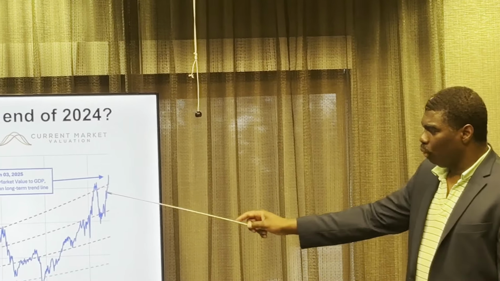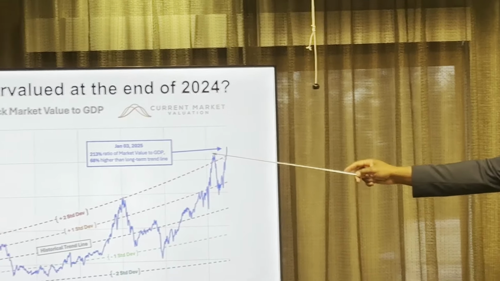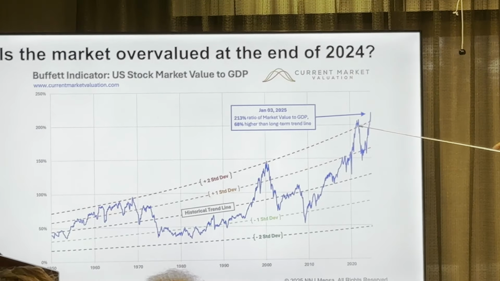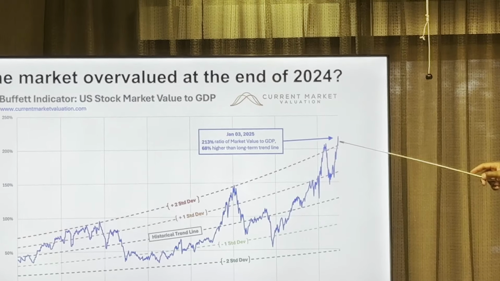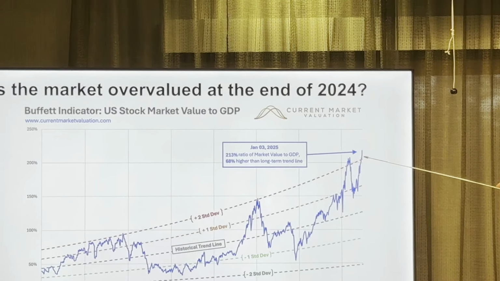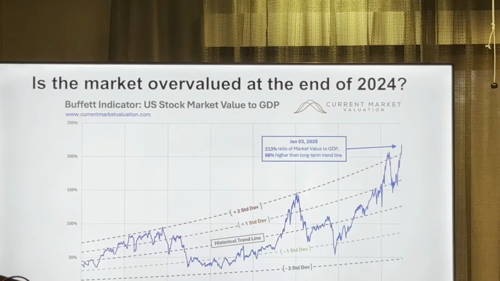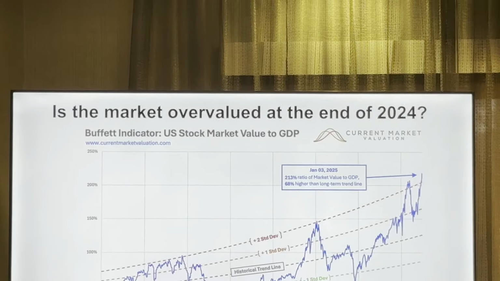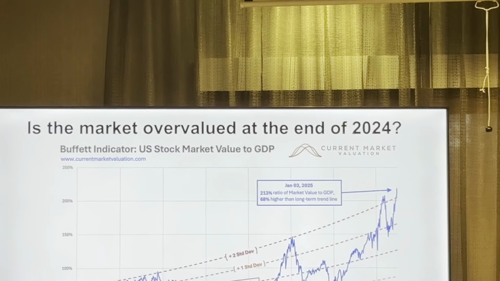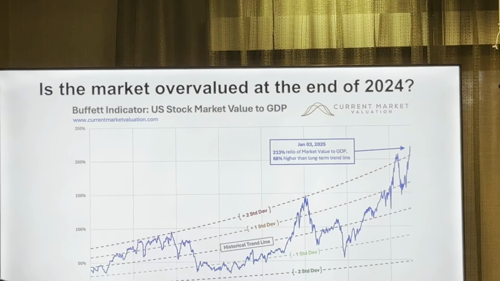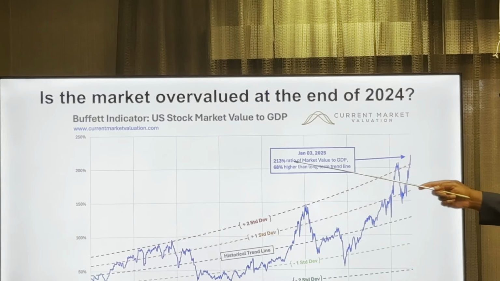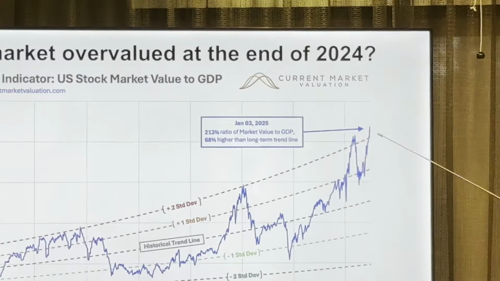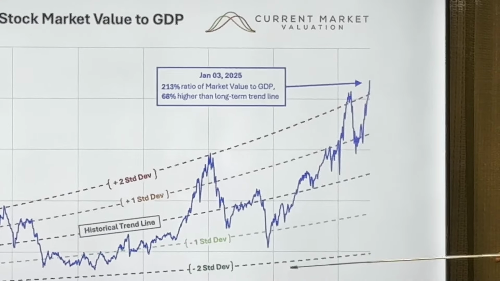Now, at the post-COVID bubble, we were a little over 2.05, and now during the Gen AI bubble, we're actually at 2.1 times the size of the US economy. This is something Warren Buffett came up with to ask the question, how do we know the market as a whole is overvalued? We call it the Buffett indicator. And as you can see, at 213% or 2.1 times the size of the US economy, it's the highest it has ever been in our recorded financial history.